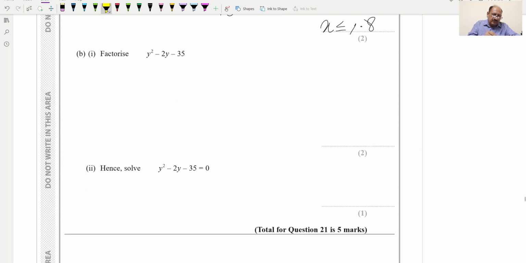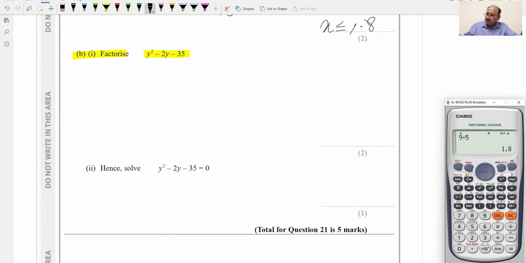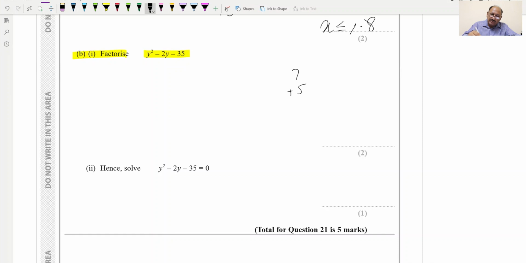Now for the second part, the B part, we will factorize this one, and for this we know we can use the calculator for factorization, mode 5 3, and this will be 1, then minus 2, and then minus 35, and this will be 7 and minus 5. So 7 and minus 5, we will change the sign and use these numbers, keeping a gap so that we can provide the intermediate step as well.